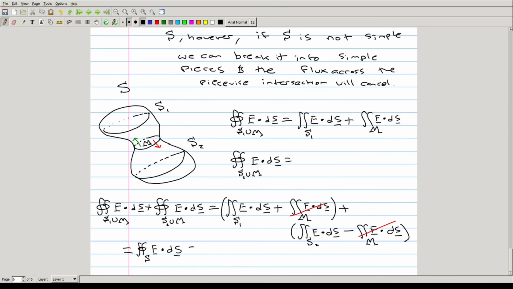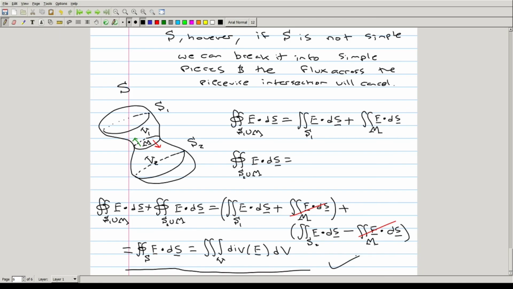and the divergence theorem applied to both S1 union M and S2 union M is giving that this is the triple integral of the divergence over V1, and this is the same thing as the triple integral over S2 union M, or over V2, of the divergence of F. So the sum of these two things becomes the triple integral just of the divergence of F over the entire space V1 union V2, which is just V. So this is it.